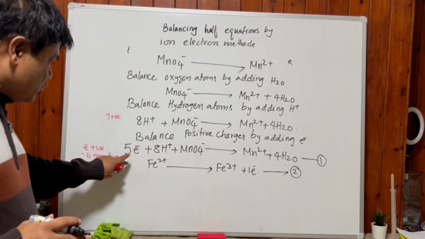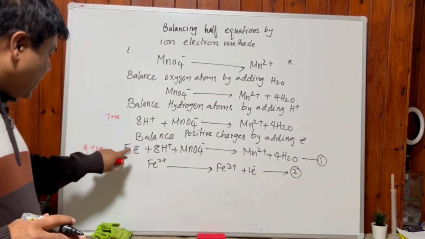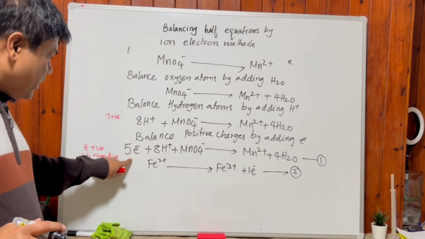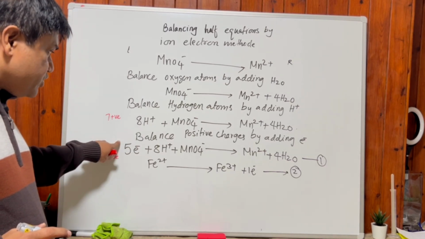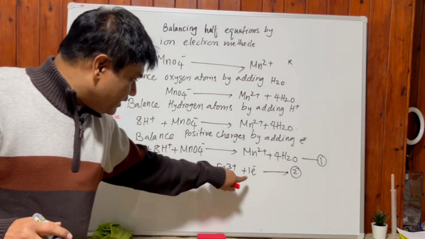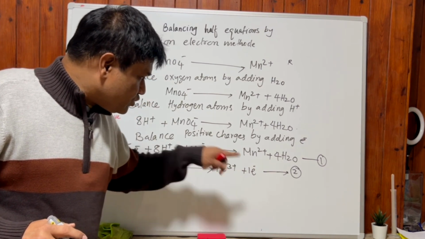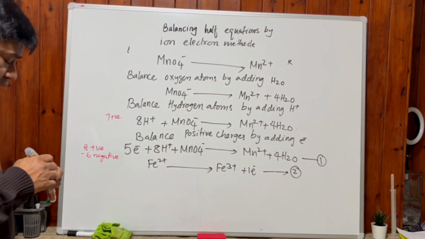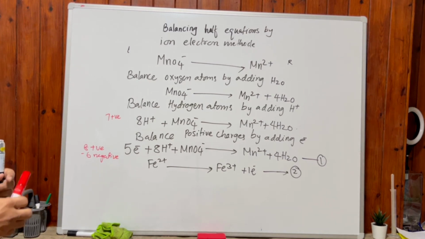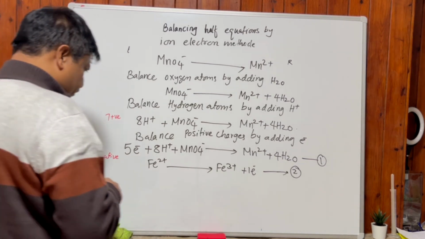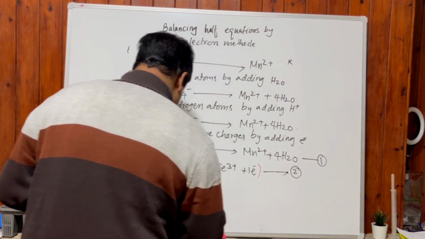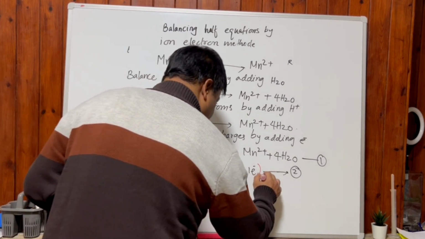So check the electrons should be on the opposite ends. How can we balance the electrons? This equation has 5 electrons and that equation has 1 electron. So the easy way, I have to multiply this equation by 5.